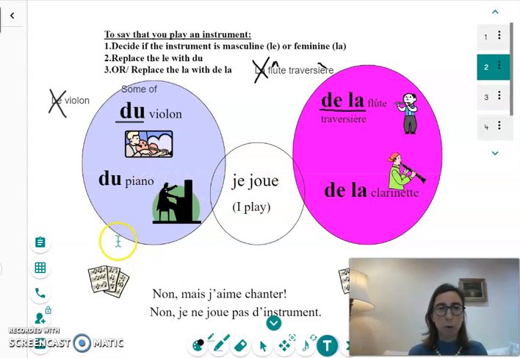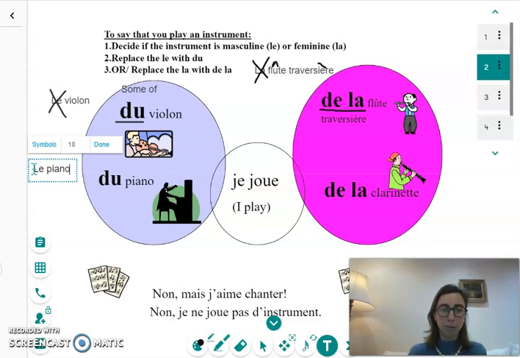Okay, I'm going to just pop here the word for the piano in French and leave it to you to have a think about what you would need to do to make it correct for French to say I play and then that instrument. Would you leave it like that? Je joue le piano? Or do you need to cross something out and use something different?